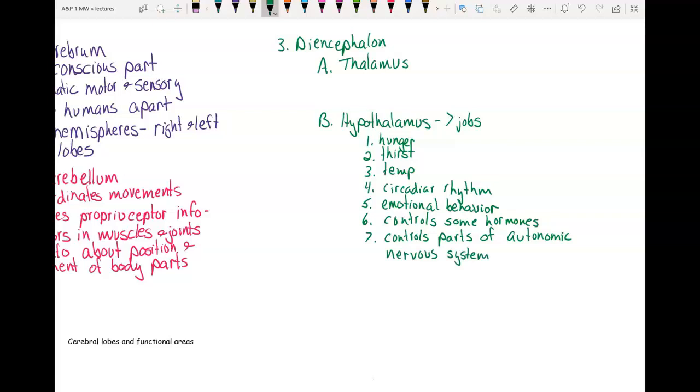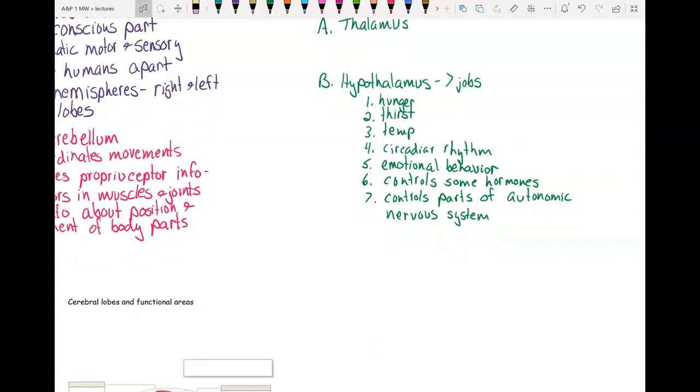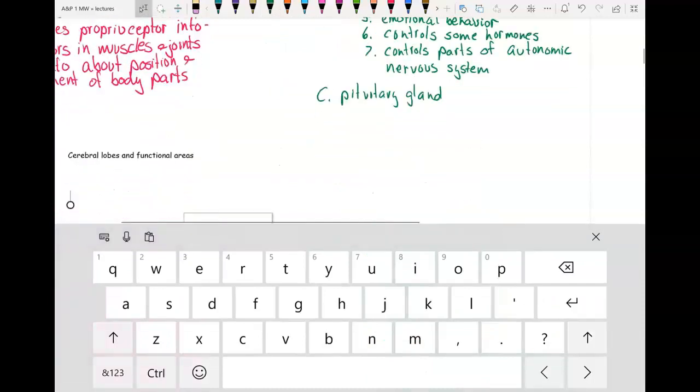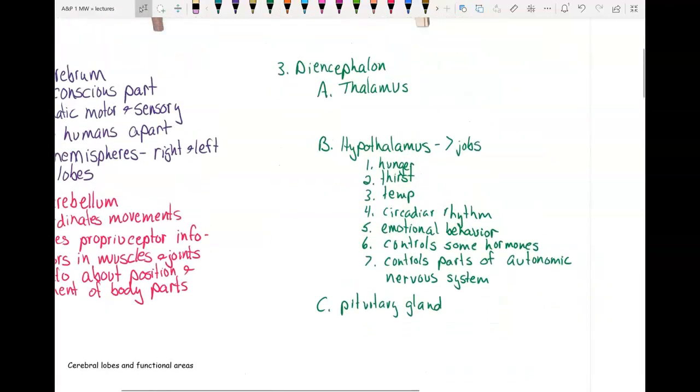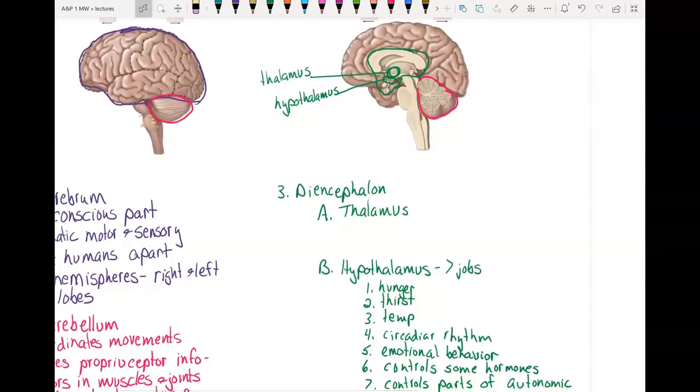Then the next part that we have for the diencephalon is the pituitary gland. The pituitary gland is right under the hypothalamus. So this part here is the pituitary.